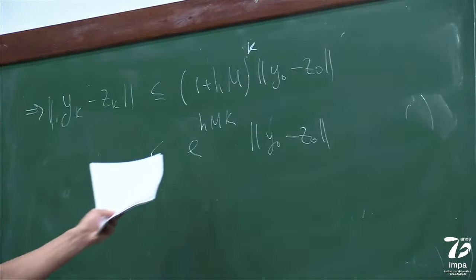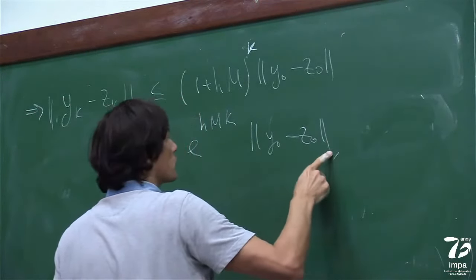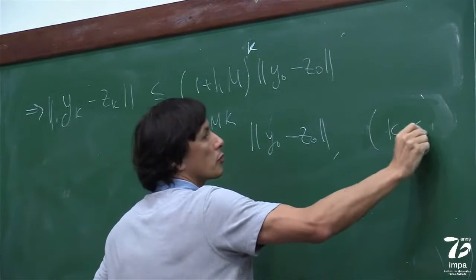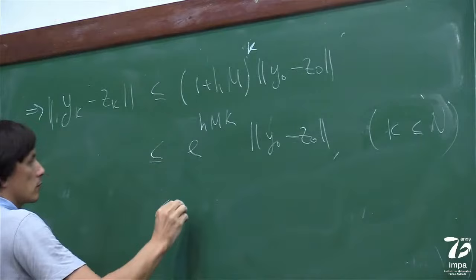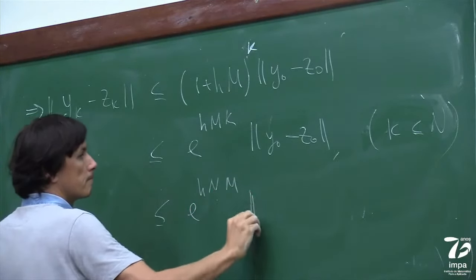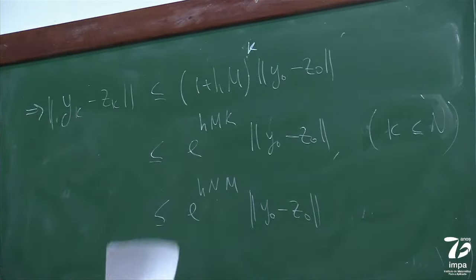And now remember that k is smaller or equal than n, so this is e^{hnM}, and hn is an interval.